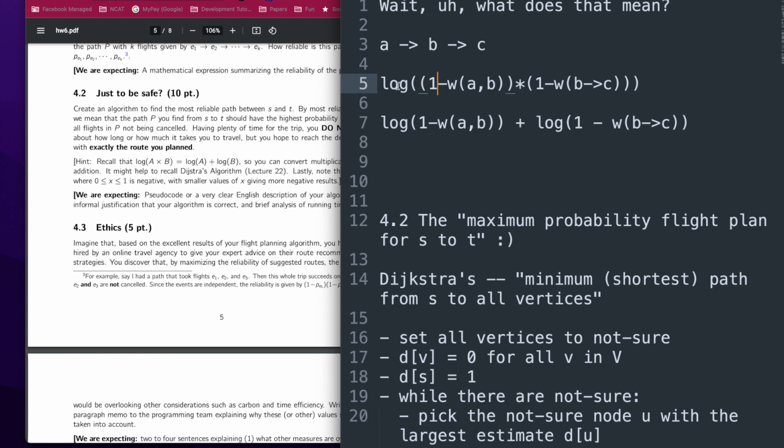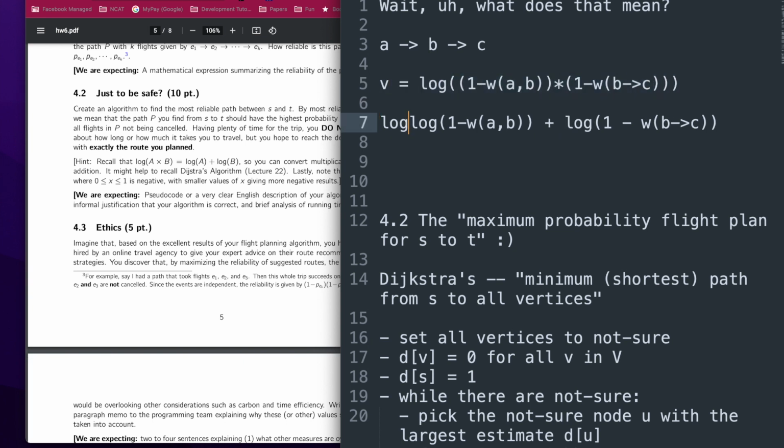One thing here is we are trying to find the maximum value out of all the possible paths. This is one path, A to B to C, and the logarithm of its value is given by this.